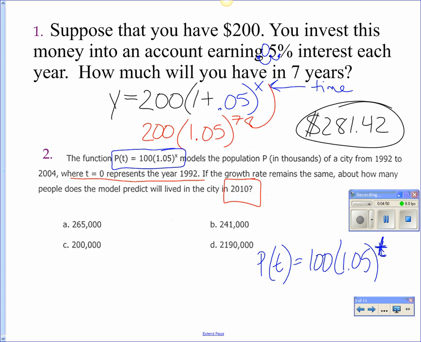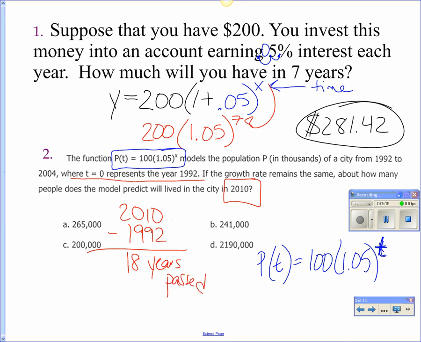So T is how many years it's been since 1992. How do I figure out how many years have passed from 1992 to 2010? Very good. So I'll do 2010 minus 1992. How many years have passed? So 18 years have passed.